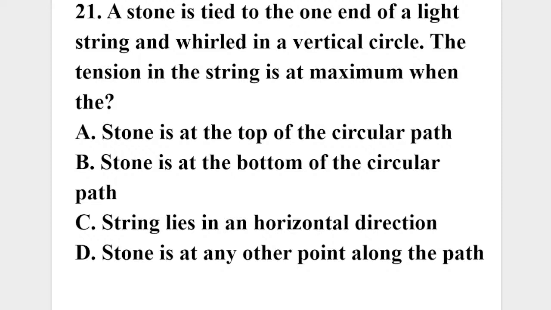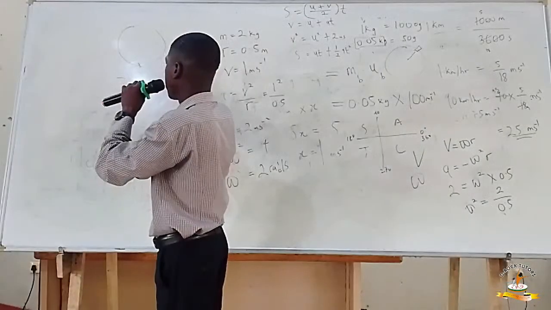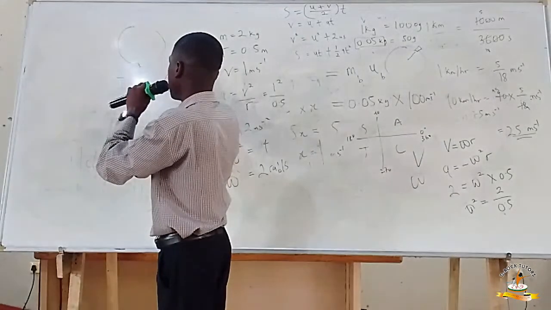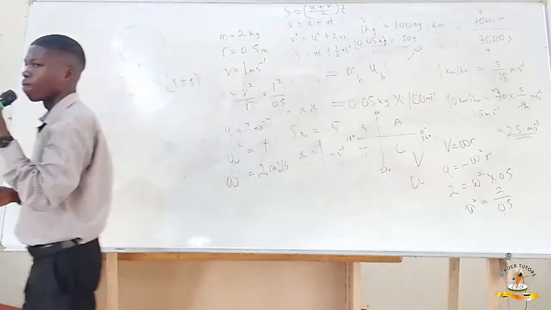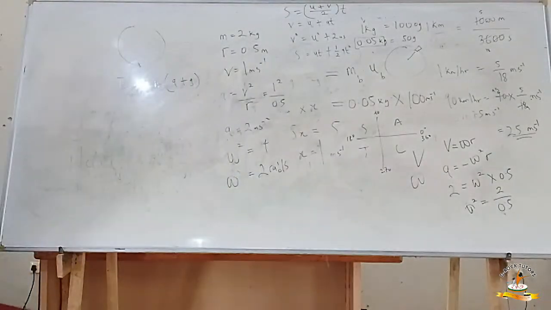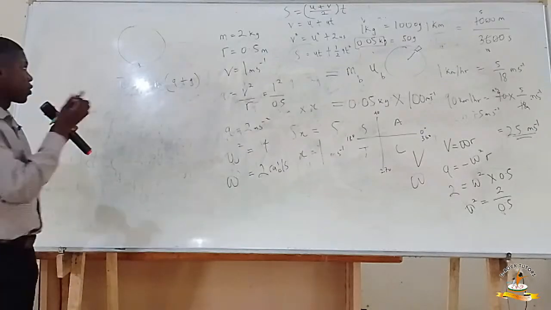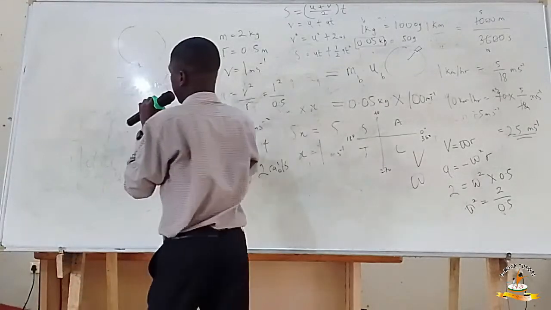Don't forget that the formula for tension has many forms. It can be a force, measured in Newtons. But at times we say the formula for tension is equal to what? M open bracket A plus G. It can be plus G, it can be minus G. So tension equals M(A plus G), or it can be minus in some cases.